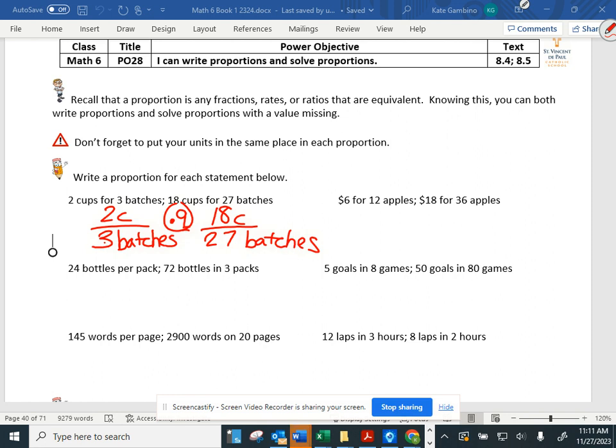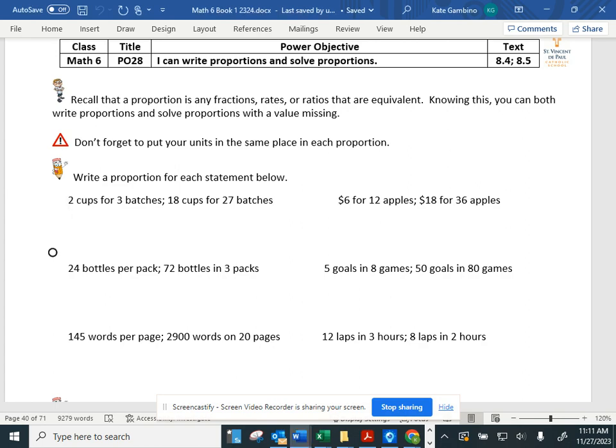So proportion means equivalent. We're finding what we're multiplying or dividing both the top and the bottom by to make that proportion. So when we have a missing section to our proportion, we need to be able to find that.